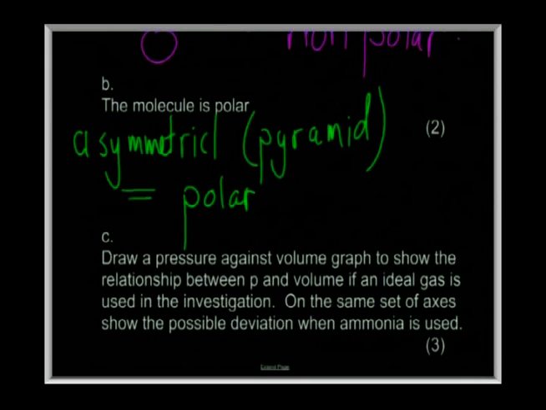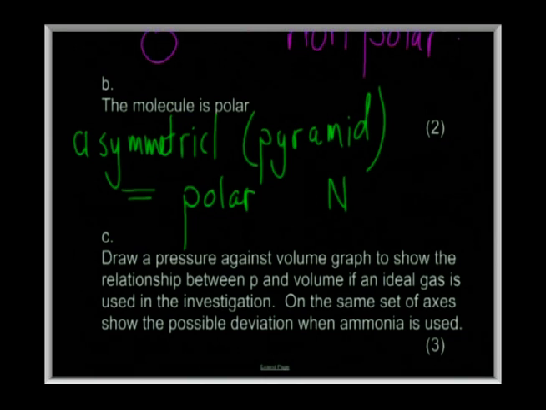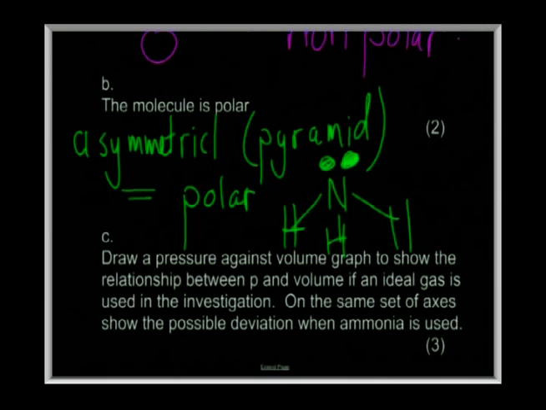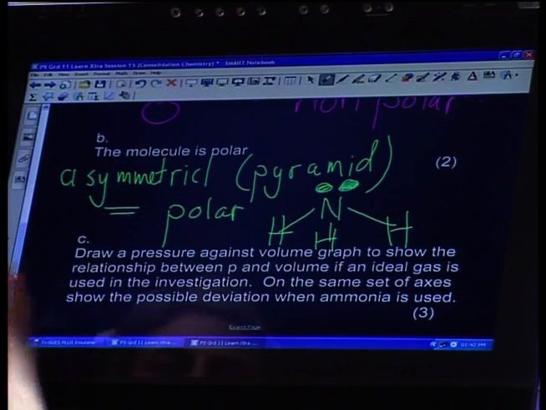And the reason why NH3 is asymmetrical is because of that lone pair that I described to you guys earlier on. So those two electrons, that lone pair, contributes to the fact that it's got a shape like a pyramid, like that. It's not symmetrical, so therefore it is polar. Right. Let's move on to the next question.